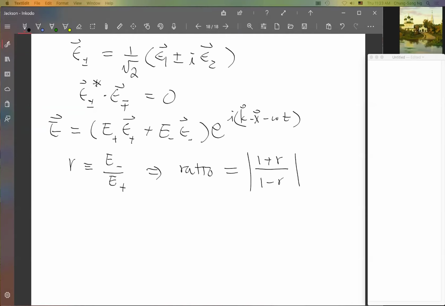But once you define this ratio, you can express one of them and get the other one out, say get E plus out of this expression.